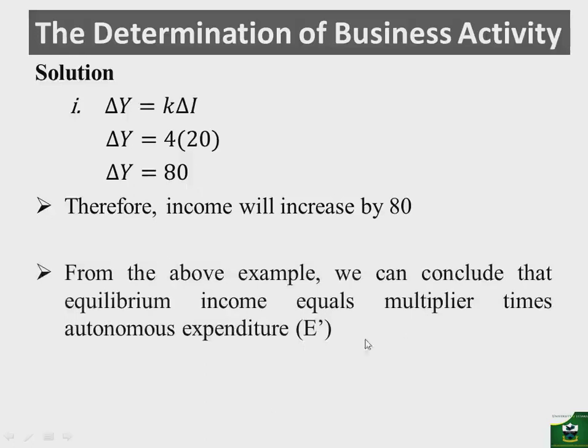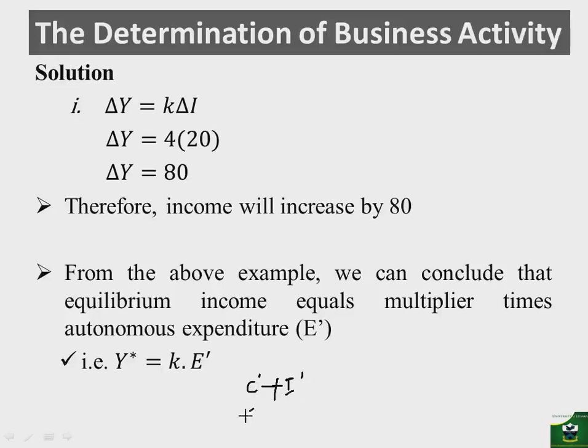And from the above example, we can therefore conclude that income equals the multiplier multiplied by autonomous expenditure. This means that Y star, our equilibrium income, will be equal to the multiplier multiplied by the autonomous expenditure. If you look at the one we had, our autonomous expenditure there was consumption plus investment. Now I'm putting these primes to mean autonomous consumption and autonomous investment.